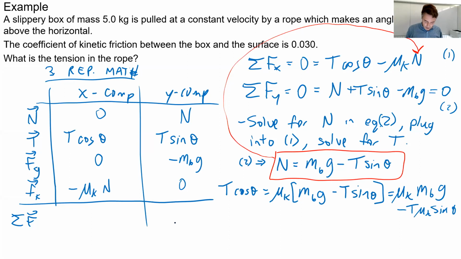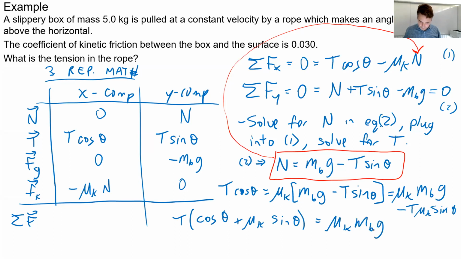Gather all the T's on one side of the equation. You get that T times cosine theta plus mu sub k times sine theta is equal to mu sub k times m_b times g.